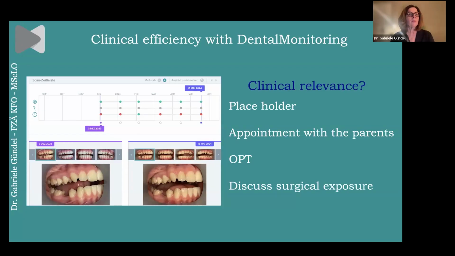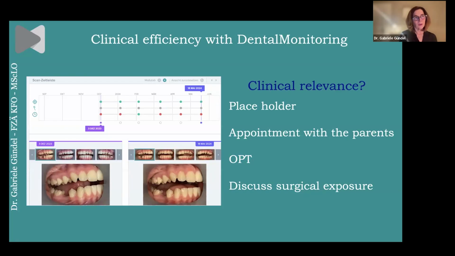And we need your parents also because we have to discuss maybe surgical exposures. So we have to clear a lot of things with your parents. And this is really effective because the patient is coming with parents. We can clear everything, we can do the radiograph, we can do everything. We are not wasting our time.